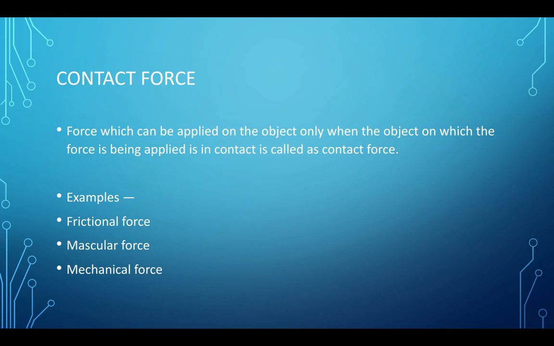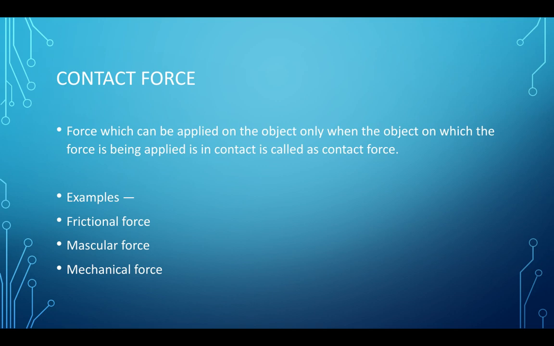If we talk about muscular force, then muscular force is the force exerted by our muscles. So whenever we want to move any object, we have to be in contact with that object. Otherwise we cannot move that object, or we cannot apply force on that object. But there are certain forces like the magnet.